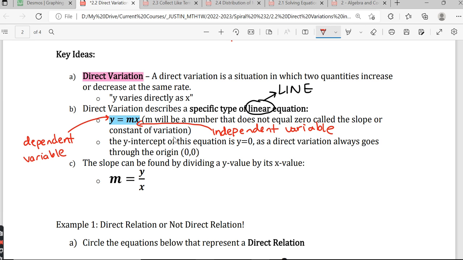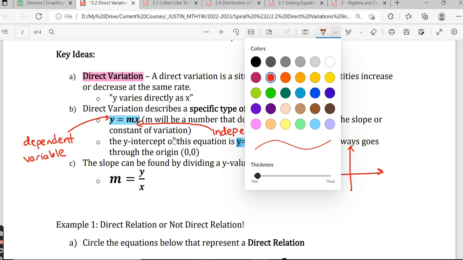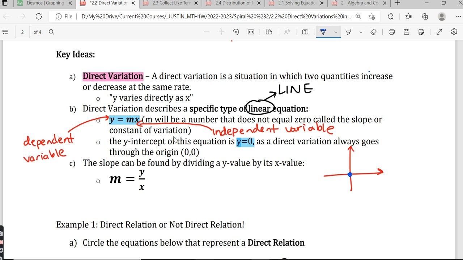The y-intercept of this equation is always going to be y equals 0, as a direct variation always goes through the origin 0, 0. So what this is saying is, when I'm graphing a line and I end up getting a line that crosses through 0, 0, which is the origin, then I know this line is an example of direct variation. Okay? Oh, variation, not direct variable.